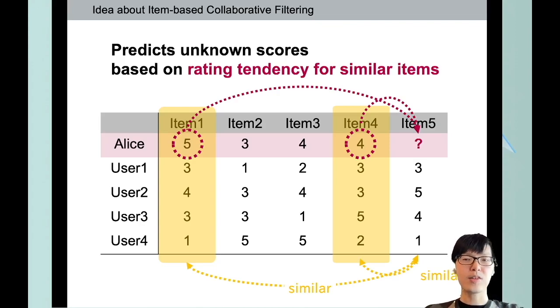For example, assume that now we want to predict Alice's rating score for item 5. From observation, we find that item 5 is very similar to item 1 and item 4 in terms of rating tendency. And then we predict Alice's rating score for item 5 by using information on item 1 and item 4. This is the idea of item-based collaborative filtering.